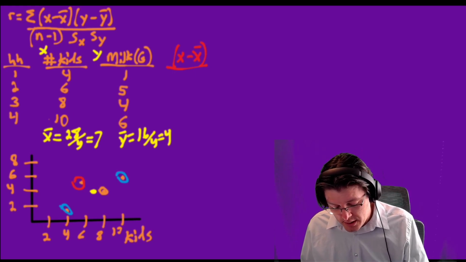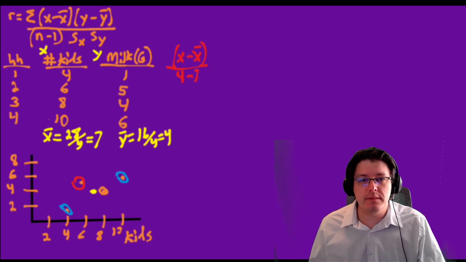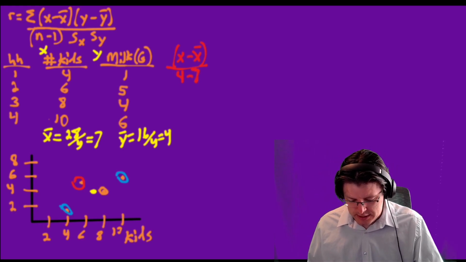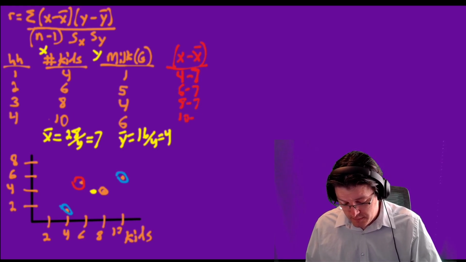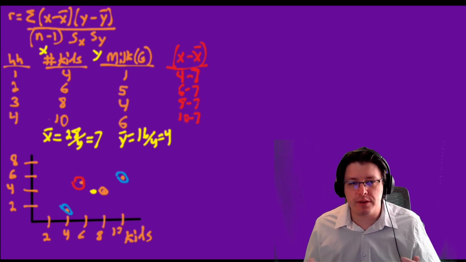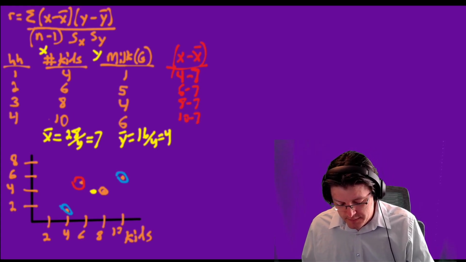So x minus x bar, this is going to be 4 minus 7, right? The x bar is 7, so this will be 6 minus 7, 8 minus 7, and 10 minus 7. Okay, and we can put those as their exact value, but we can do that later as well.